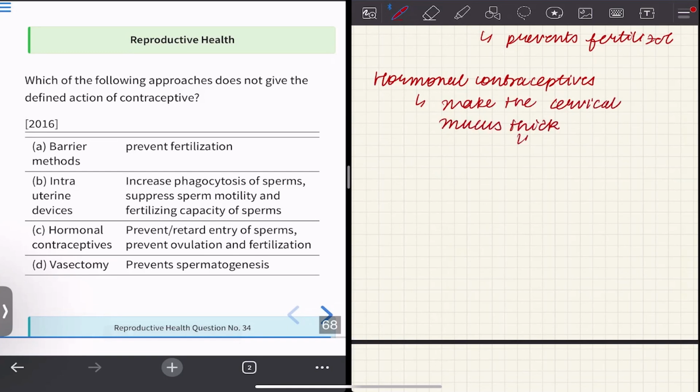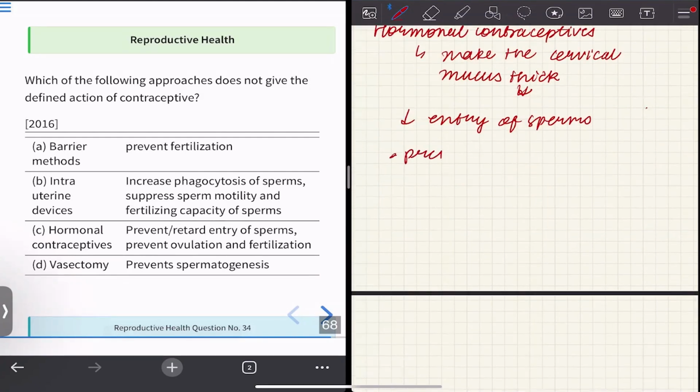And what is the benefit? Increasing the phagocytosis of sperms is actually for copper containing ones. By making the cervical mucus thick, hormonal contraceptives prevent the entry of sperms. And also they prevent ovulation and fertilization.